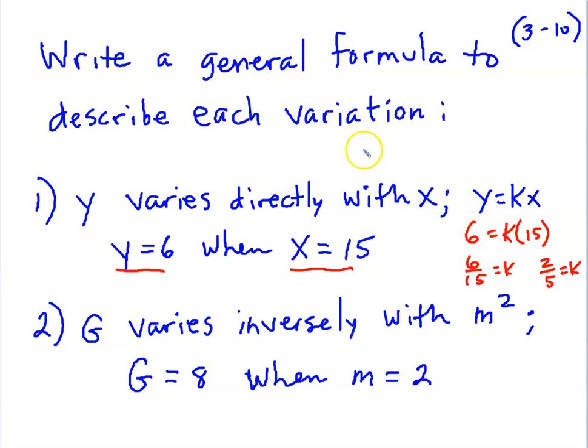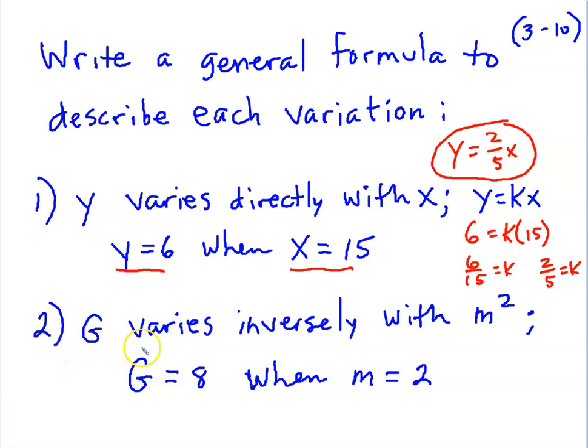It's called a general formula here, but the final answer, now that we have a specific number for k, is y equals 2/5 x. And that's really all there is to it. On 3 through 10, your job really is to take the information that you're given, know what it means to vary directly and inversely, and plug in the given numbers, solve for k, and then come up with an equation.